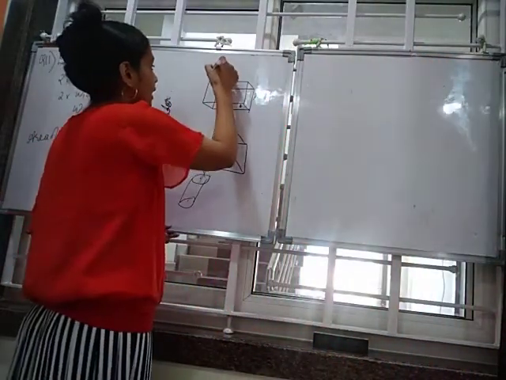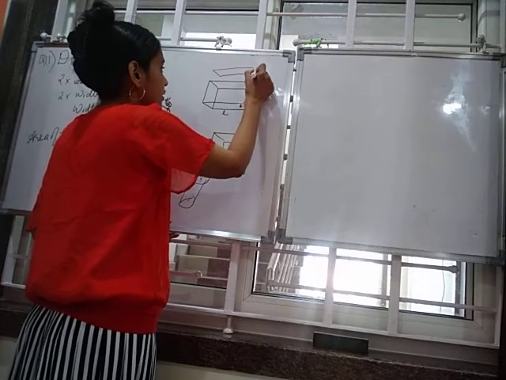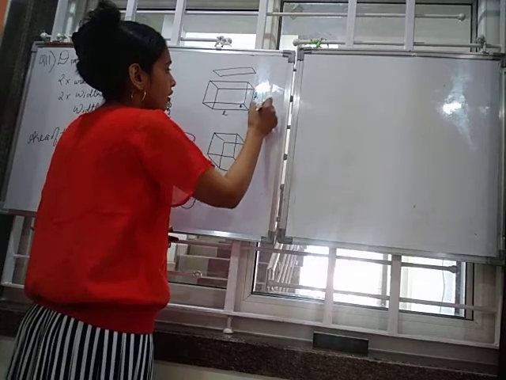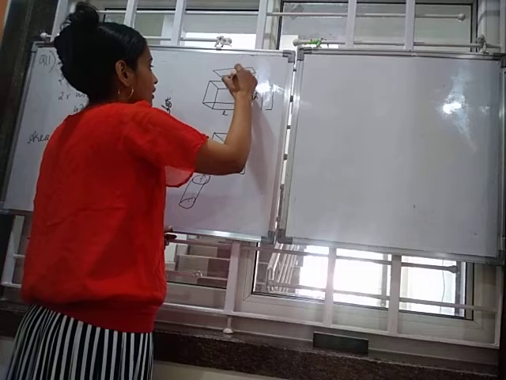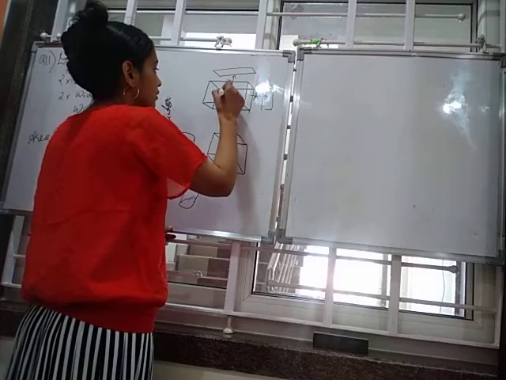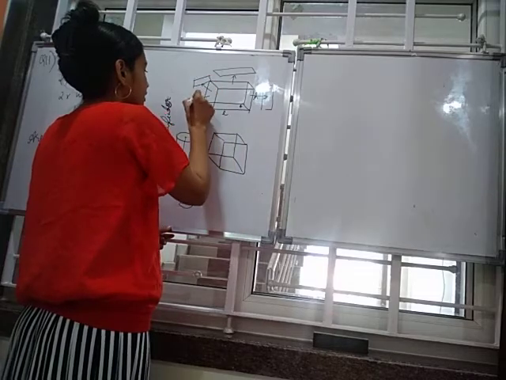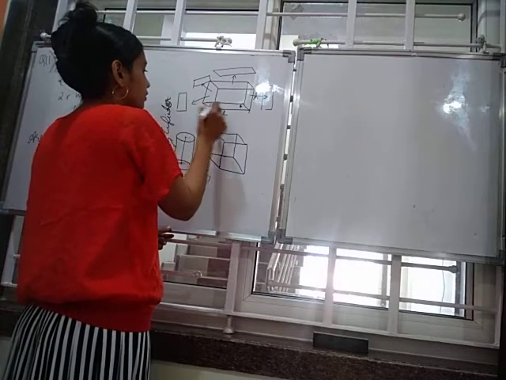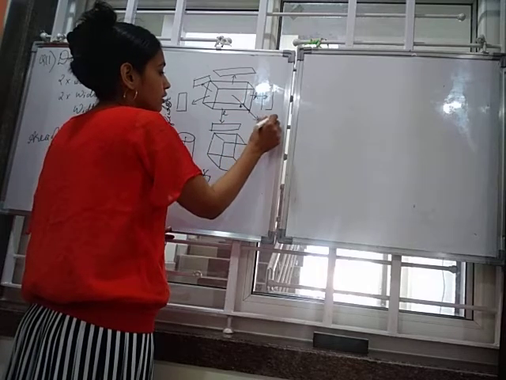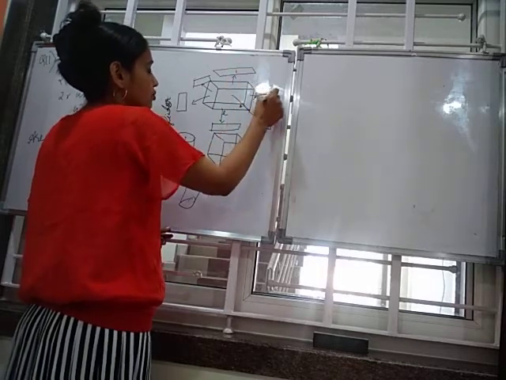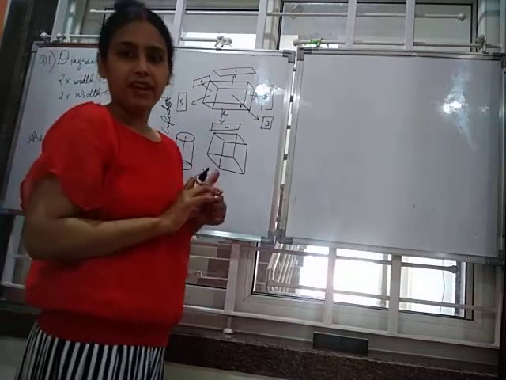If I try to open it, I get a face over here, a face at the back, a face at the side, a face at the bottom, and a face in front. So how many faces actually? 1, 2, 3, 4, 5, 6. Okay, all these are faces.